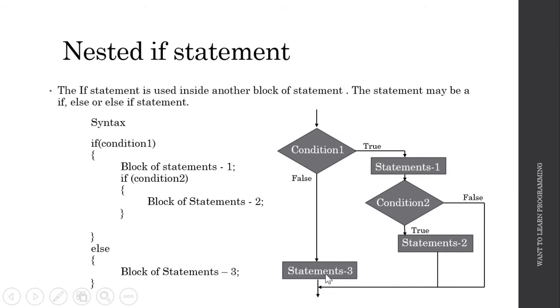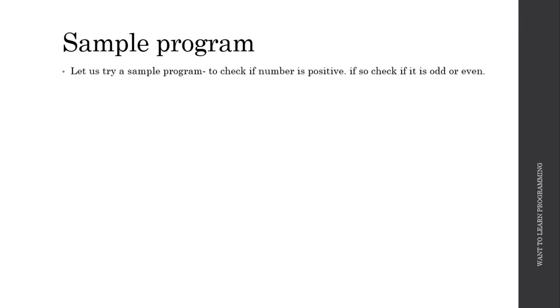So let's look at a sample program which we'll be using. It is a variation of the syntax we have seen. Let's try a sample program to check if the number is positive. If the number is positive, then check if it is odd or even.